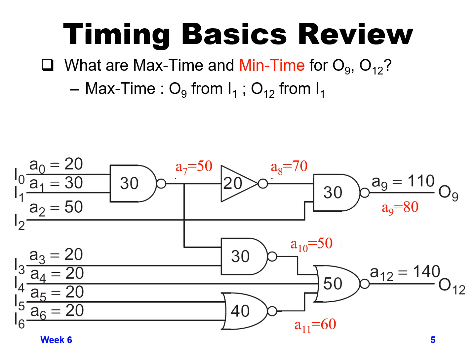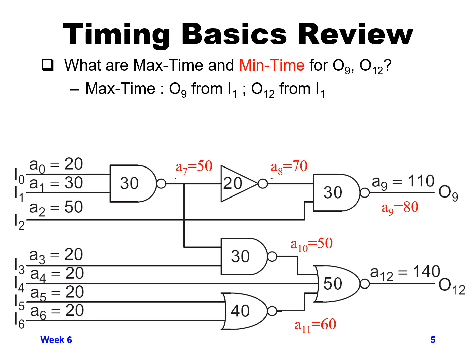And for the output O12, the NOR gate has 3 different inputs. Timing there is A sub 10 is 50. The middle input is coming from I4, which has timing A sub 4 of 20. And then the third input is A sub 11 of 60.